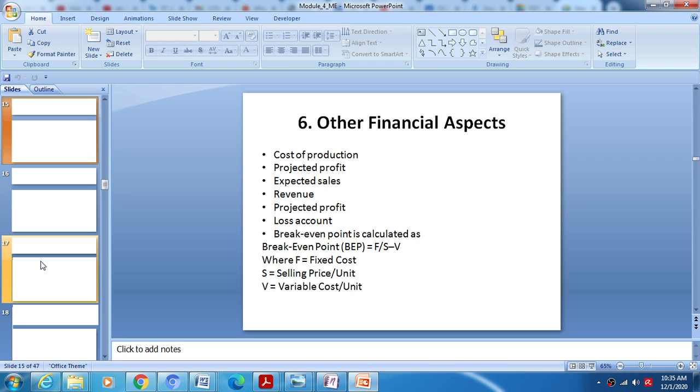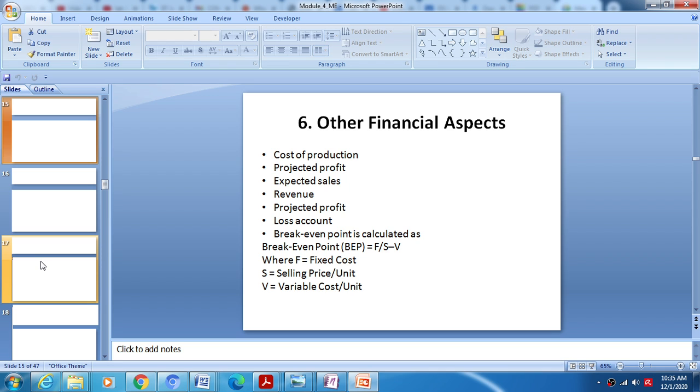Okay, that makes up the cost of production. The next one is projected profit. Now after you sell the product, what is the profit that you have imagined or expected? Okay, that again also needs to be mentioned.